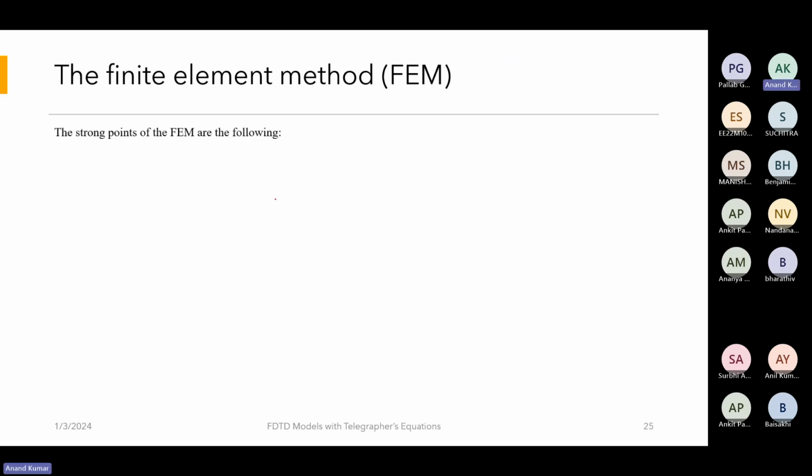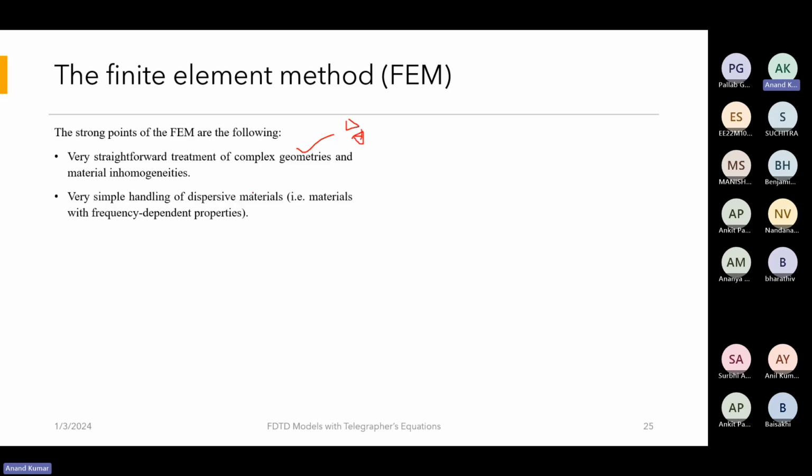So the strong points of FEM: very straightforward treatment of complex geometries because we are using triangles and tetrahedrons, and for homogeneous media as well. Very simple handling of dispersive materials because we solve for each frequency, and in that case the wave velocity and so on are simple because all these properties are frequency dependent.